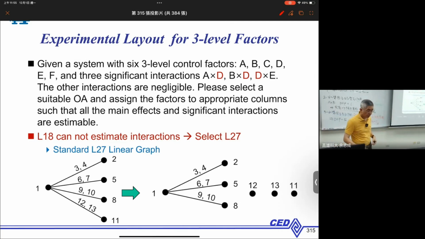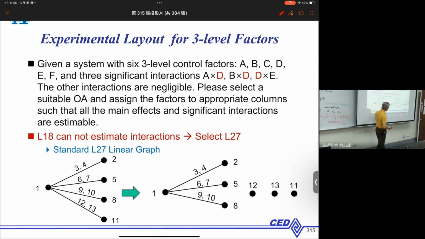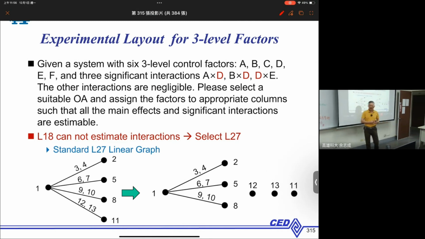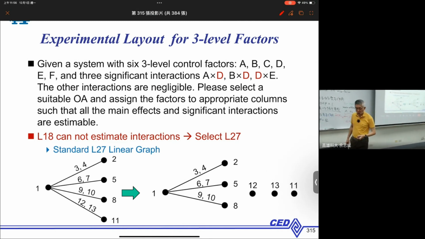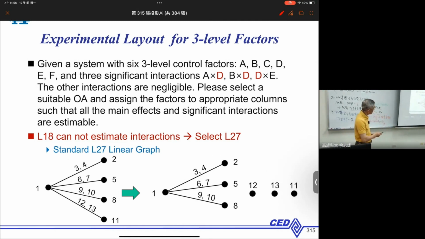Then we can create a new dot by putting this line here and become new dots 12 and 13, which makes 1, 2, 3, 4, 5, 6, 7 dots. Good, 3 lines. Good enough for our experiment design.